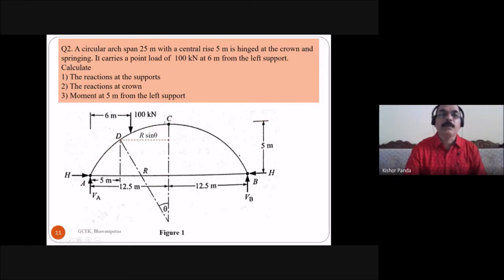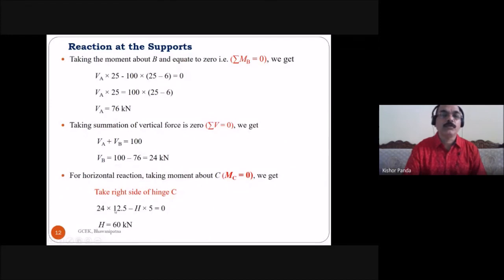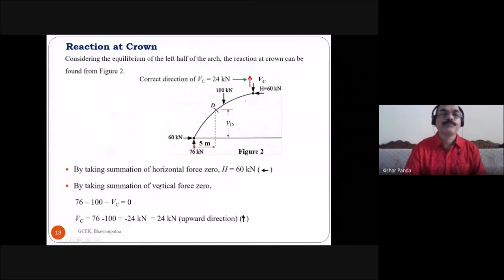Take the moment about this point and equate it to 0. VB into 12.5 minus H into 5 is equal to 0. You know VB is 24 kilonewton, so 24 into 12.5 minus H into 5 is equal to 0. Then H is equal to 60 kilonewton. So these are the reactions at the supports.